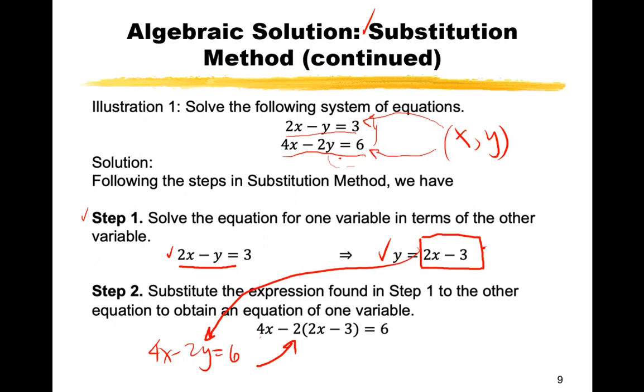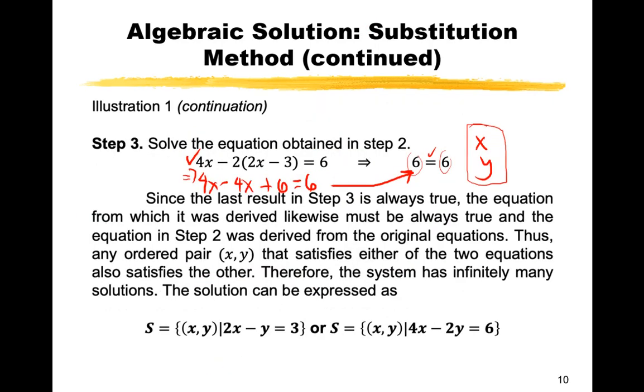Or the other way around, if meron tayong ordered pair xy, tapos sinubstitute natin dito, provided na nasatisfy niya itong equation na pangalawa, automatic na itong ordered pair na to, masasatisfy niya na rin itong una. Yun yung implication nito kung bakit wala tayong nakuhang values for x and y.